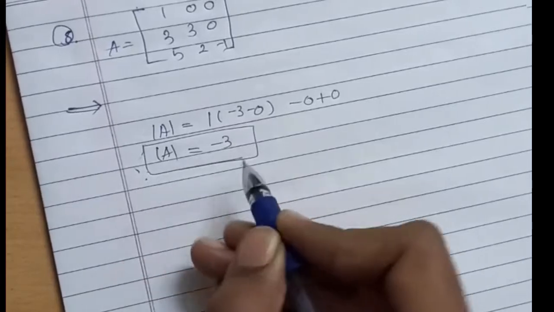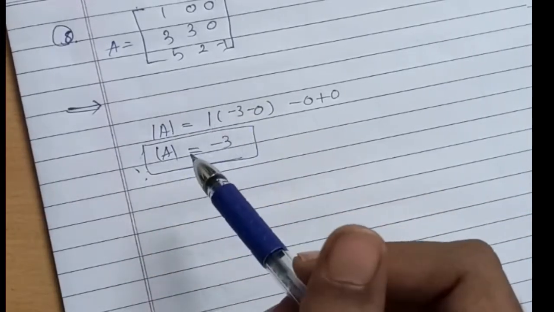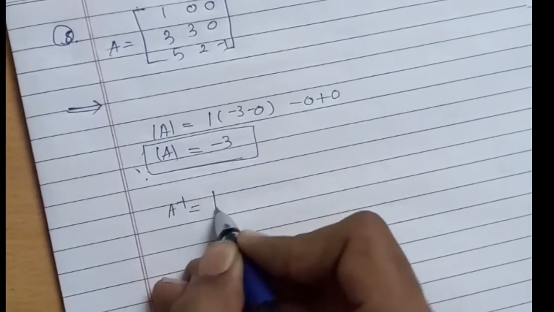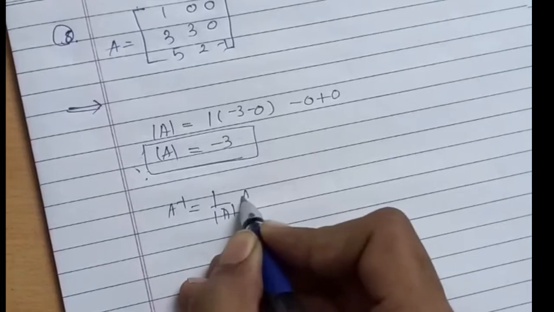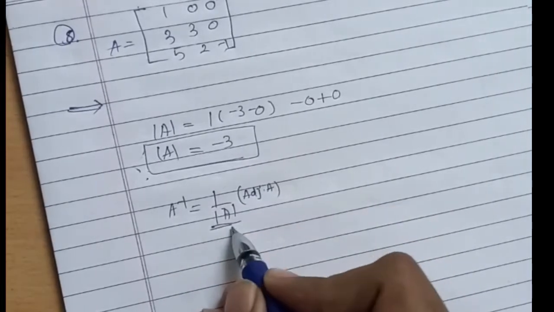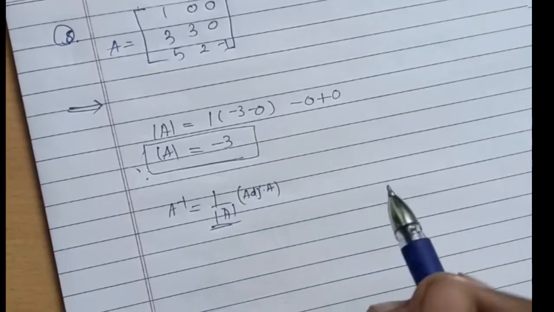The determinant of A is not 0. So to calculate the inverse of the matrix, let us find the adjoint, because A inverse is equal to 1 upon determinant of A into adjoint of A. The determinant of A we have calculated, so let us find the adjoint of A.